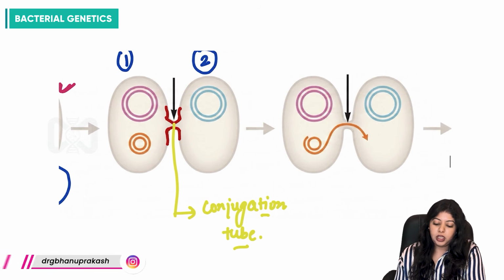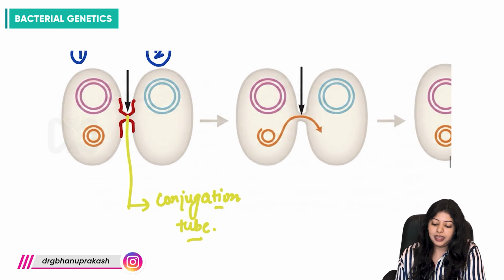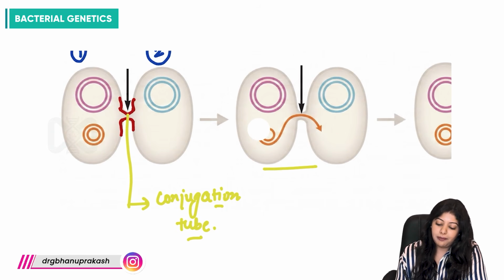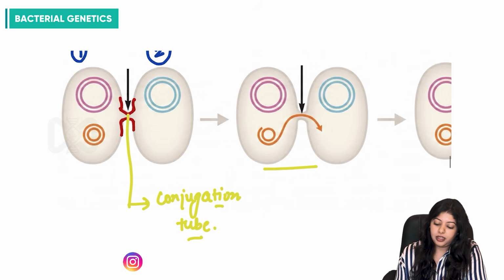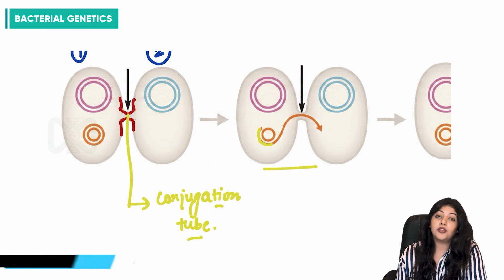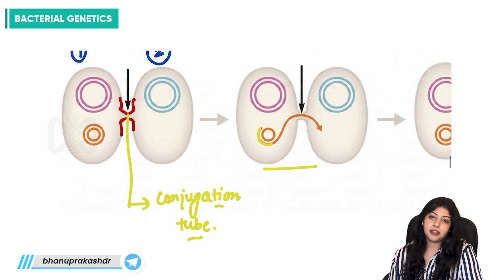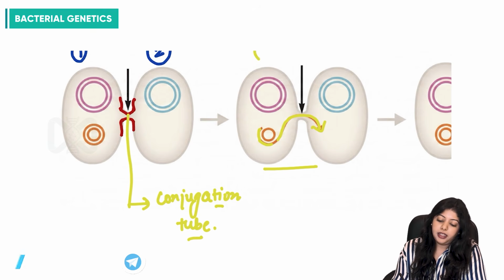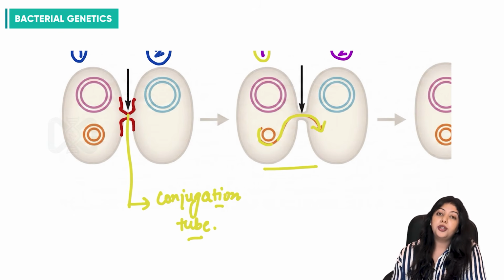Now what happens in the next step? The F plasmid, one strand of the F plasmid, starts replicating in rolling mechanism, right? And while replicating, it gets transferred from bacteria number 1 to bacteria number 2.